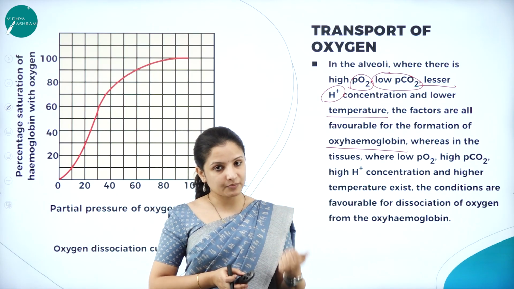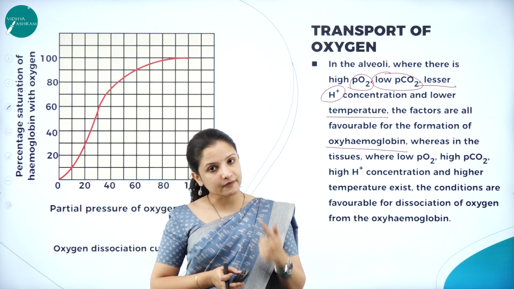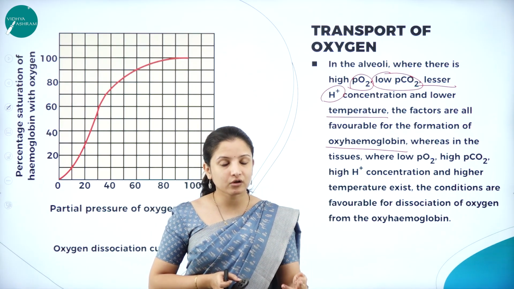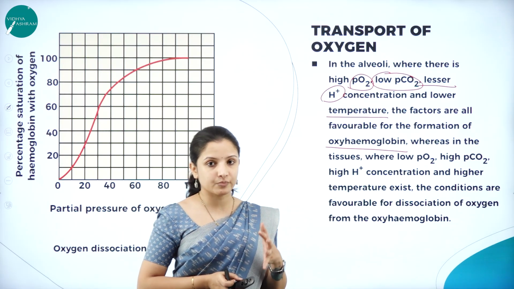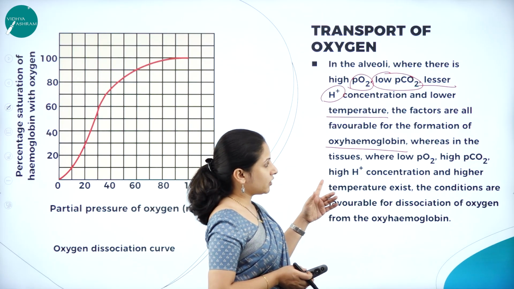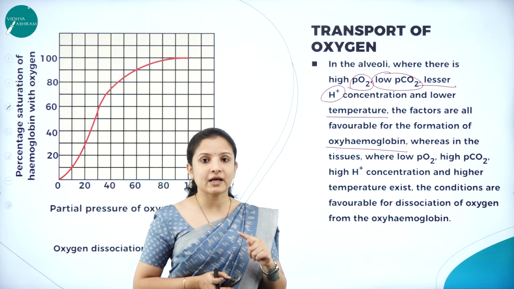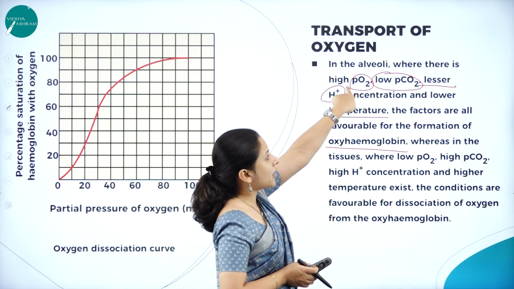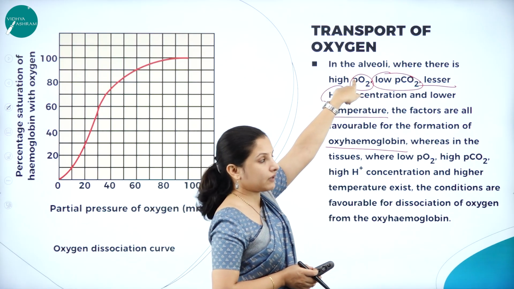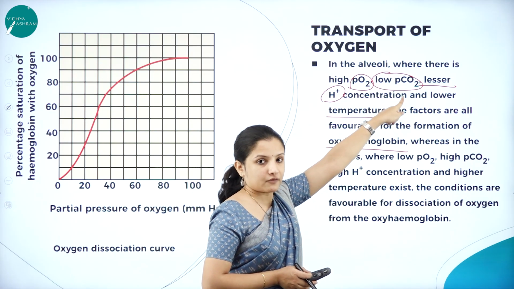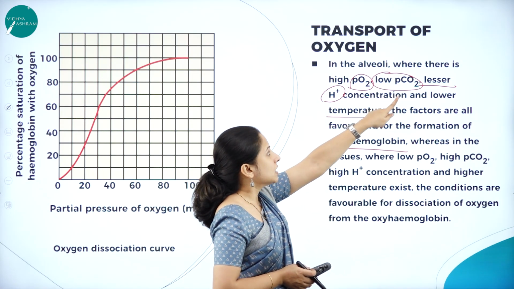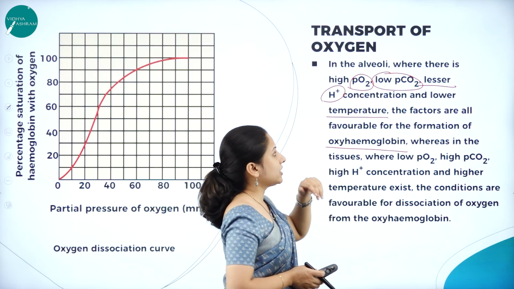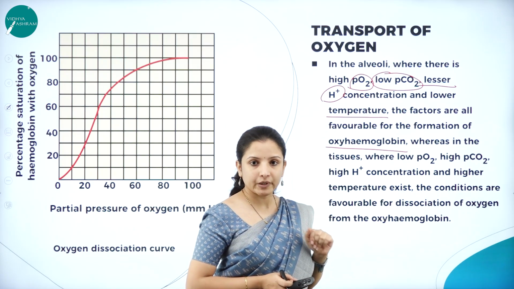Of the partial pressure of oxygen, the partial pressure of carbon dioxide, the hydrogen ion concentration, and the temperature. So, in the alveoli, if oxyhemoglobin has to be formed, then the partial pressure of oxygen should be very, very high. The partial pressure of carbon dioxide will be low. The hydrogen ion concentration will be less and the temperature will also be low.